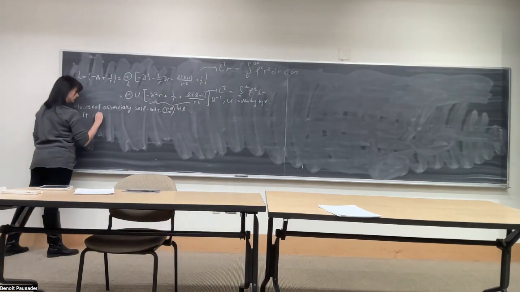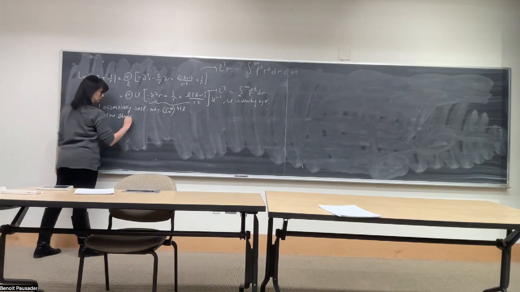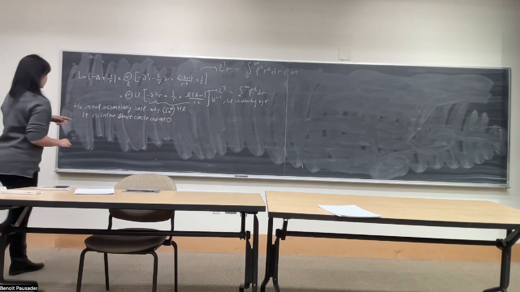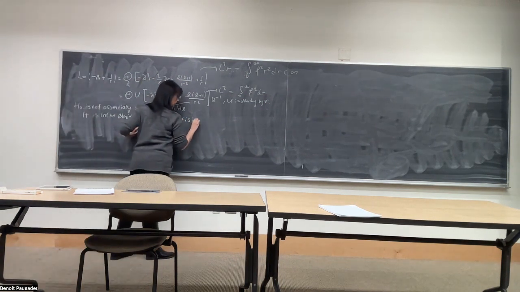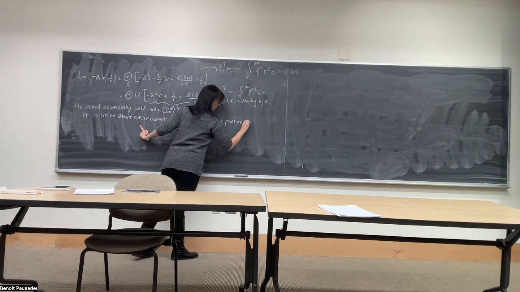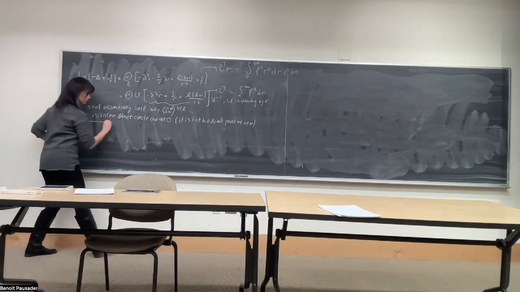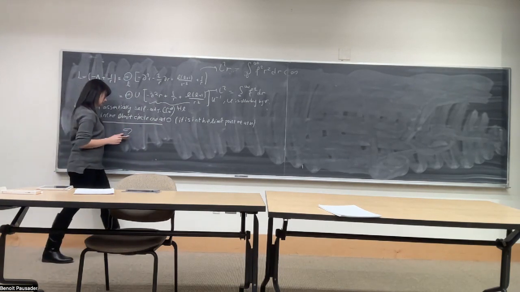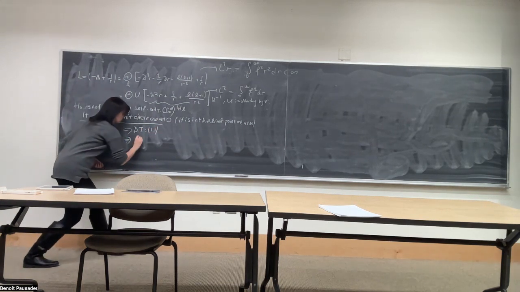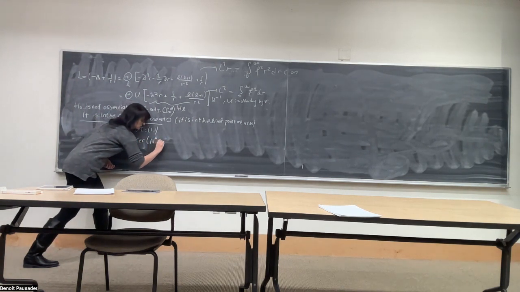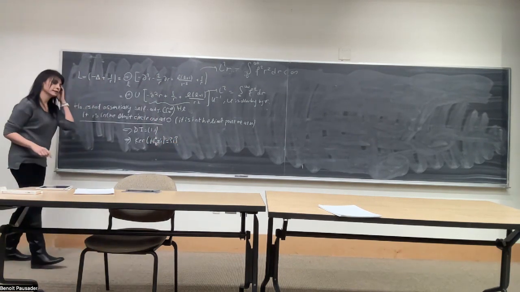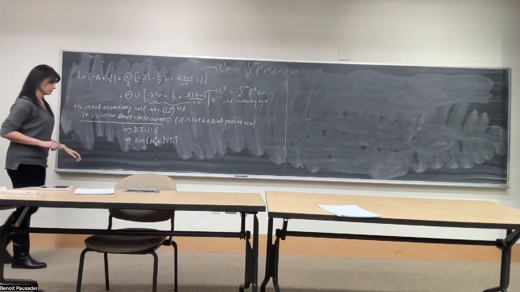Because it is in the limit circle case at 0, and we already know it is in the limit point case at infinity, this already tells us that the deficiency indices are (1,1), or the kernel of H0 star plus and minus i is just one-dimensional.